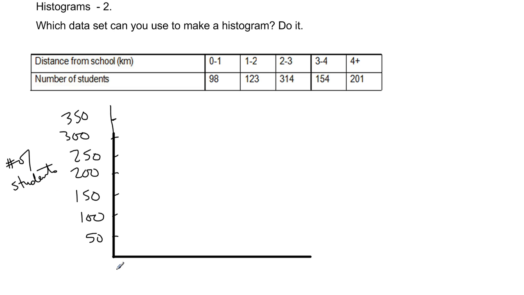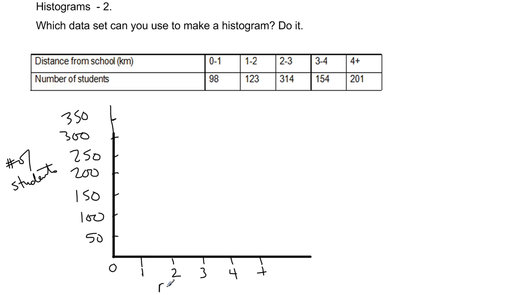Our range values on the bottom: 0 to 1, 1 to 2, 3, 4, and then 4 plus, and we'll just go like that. All right, so this could be the plus part. All right, so 0 to 1.